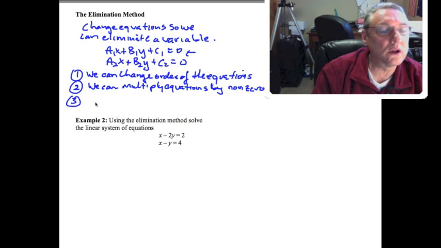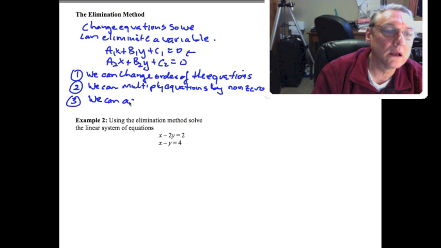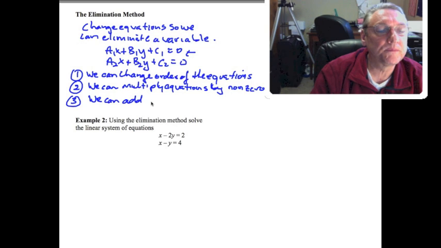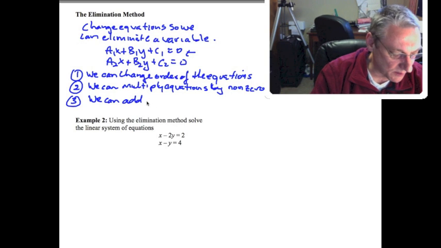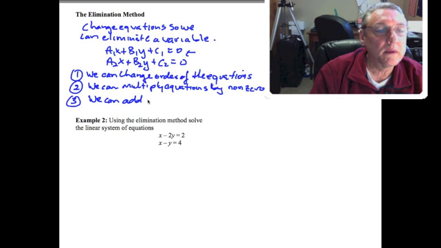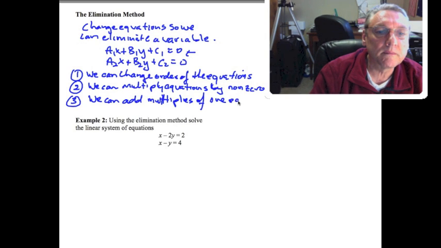And thirdly, we can add or subtract, it doesn't really matter, multiples of one equation to another equation.